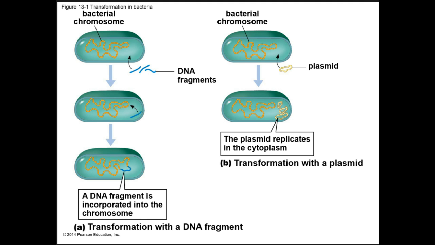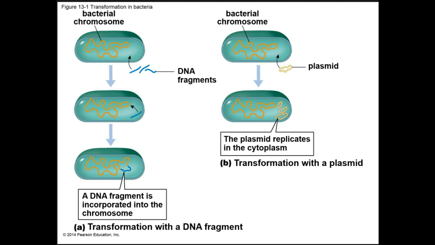In transformation, you destabilize the membrane of the bacteria temporarily so that it will pick up the recombinant DNA from the surrounding environment. You can either do that by using electricity in a process called electroporation, or you can use chemicals to destabilize the bacterial membrane and cell wall so that it will take up the plasmid.